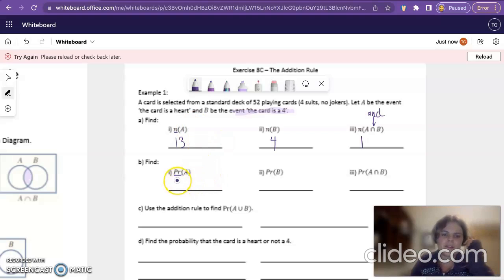So there's either 13 out of 52 hearts, or you might know that that would be 1/4 of all the suits, of all the cards. Probability of B, probability of getting a 4. So there are 4 4s out of 52. Let's simplify this fraction. I might just divide them both by 2.